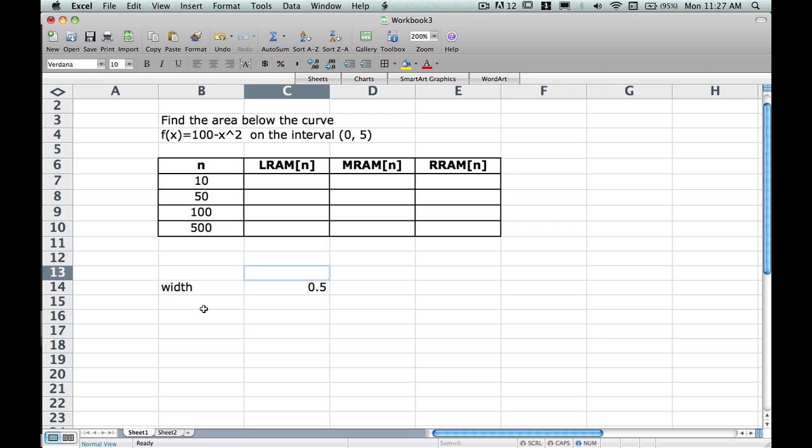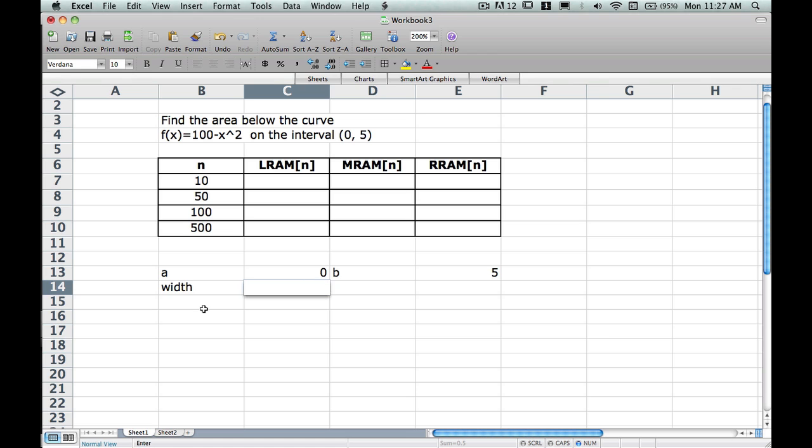A more dynamic way to do that would be to say that my interval is 5. In fact, let me say that A is 0 and B is 5.